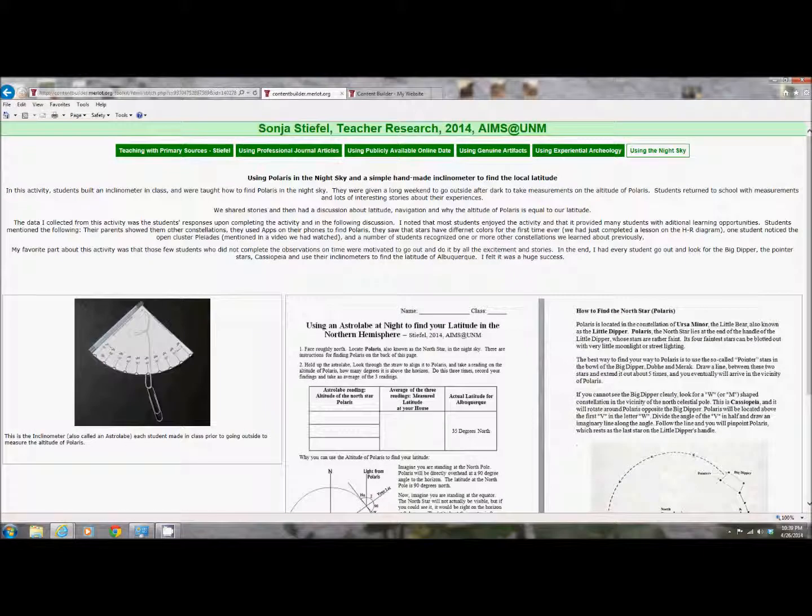They also returned with lots of great stories about seeing colored stars, finding Pleiades, seeing other constellations, and all kinds of other stories. It was a very exciting lesson and very successful as well.